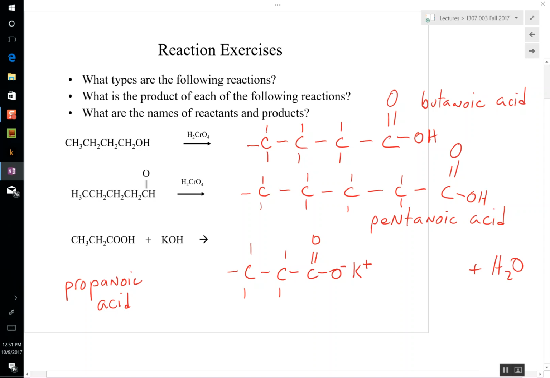And what's the name of that? Potassium, I guess that has 2 S's in it, right? So the propanoic goes to propanoate. And the acid gets dropped. It's potassium propanoate. That's a salt. Potassium propanoate.